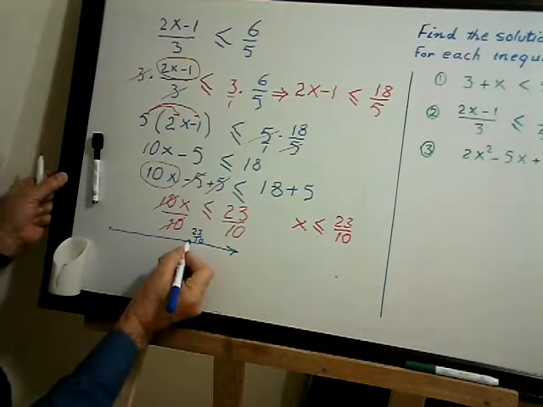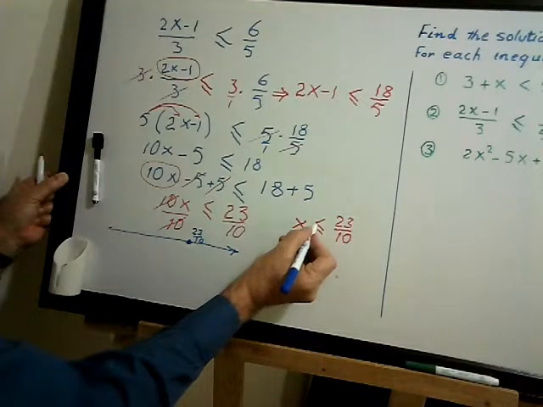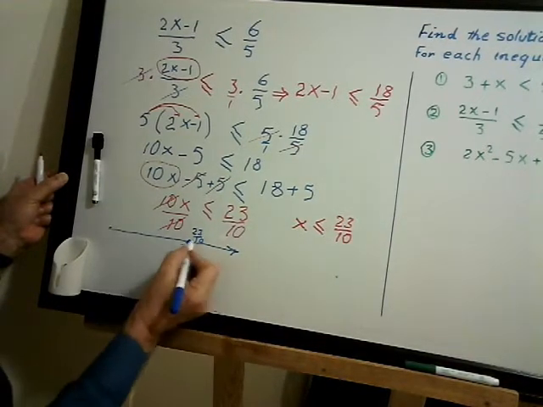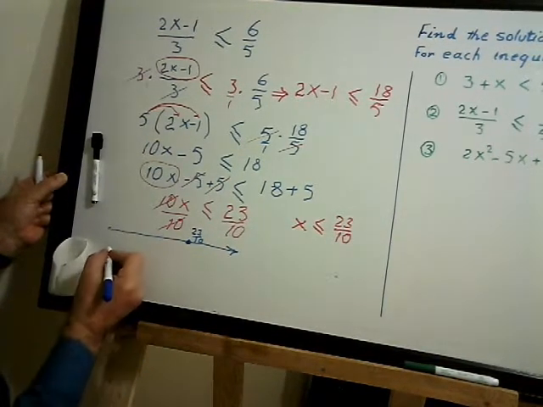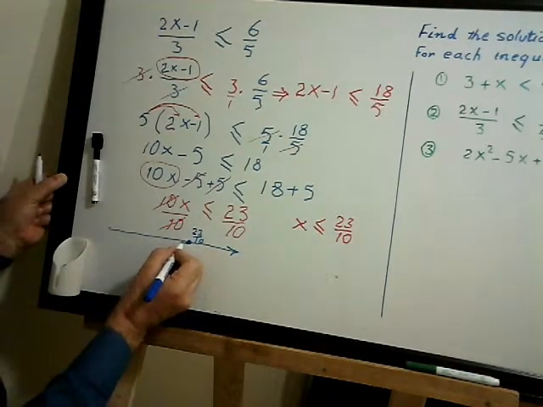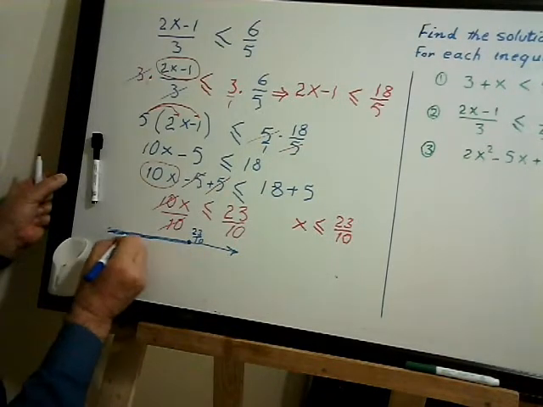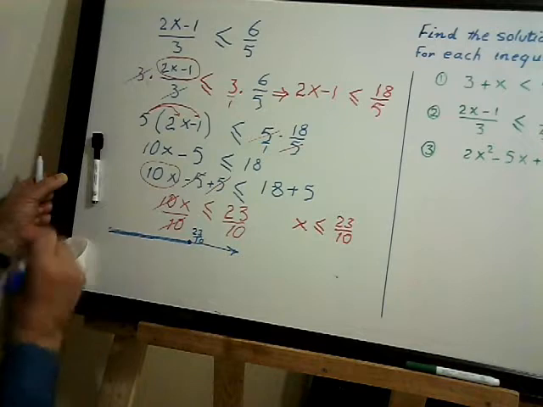The circle here is closed because there is a sign of less than or equal, so it's closed here, and because it's less than, we go all the way less than this number, which means this area is the solution.